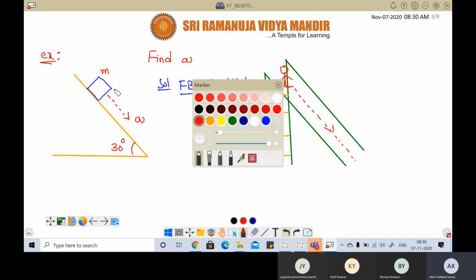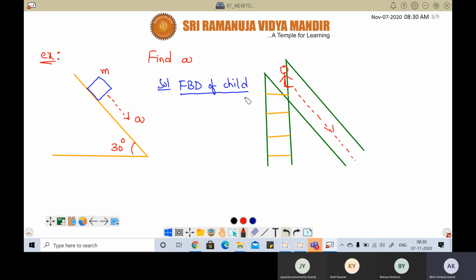Again those same forces: gravitational force and normal reaction. Gravitational force will always act from the center vertically downwards.